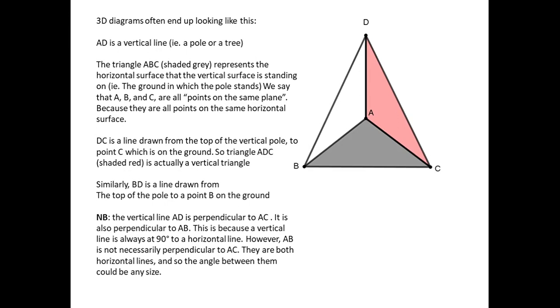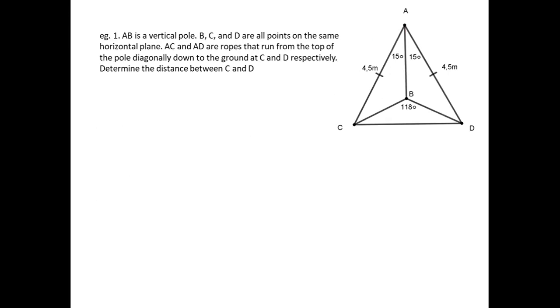Okie dokie. So here's an example of what a question might look like in three-dimensional trig. There it is. AB is a vertical pole. B, C, and D are all points on the same horizontal plane. That's another way of saying B, C, and D are all on the flat ground, as it were.